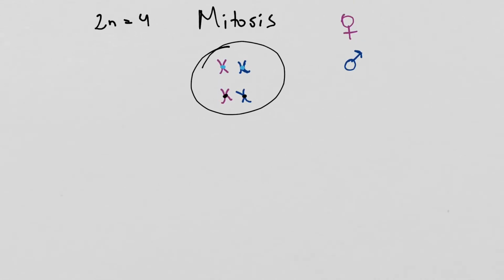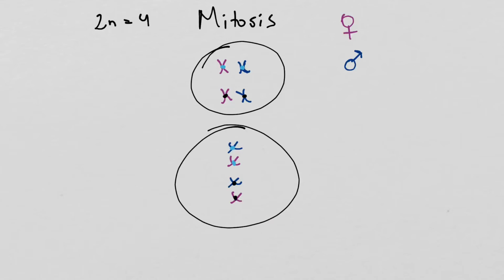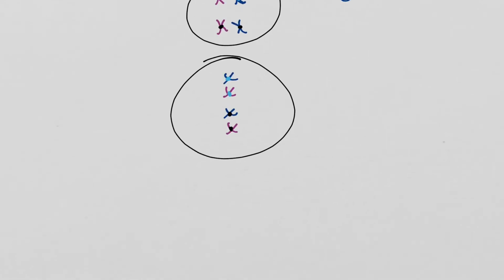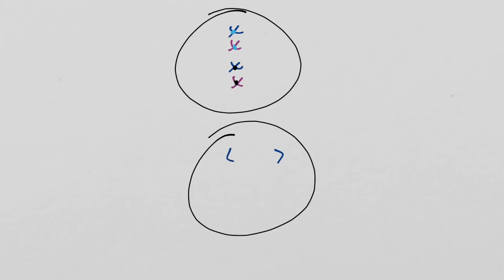So in metaphase of mitosis, they line up like this. And then they're going to separate like this.